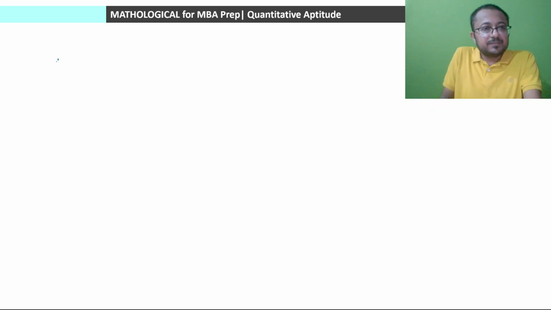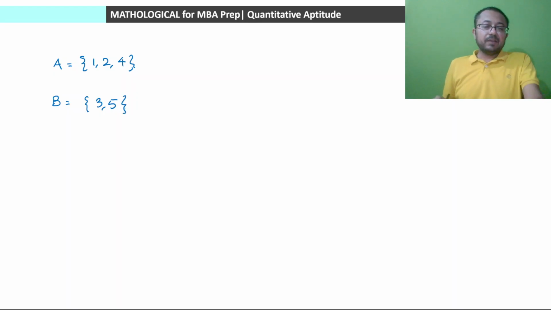Let us say we have a set A with elements 1, 2 and 4. And there is another set B with elements 3 and 5. Now we have to define A cross B, the Cartesian product of sets A and B. So let us write these sets: set A, 1, 2 and 4.